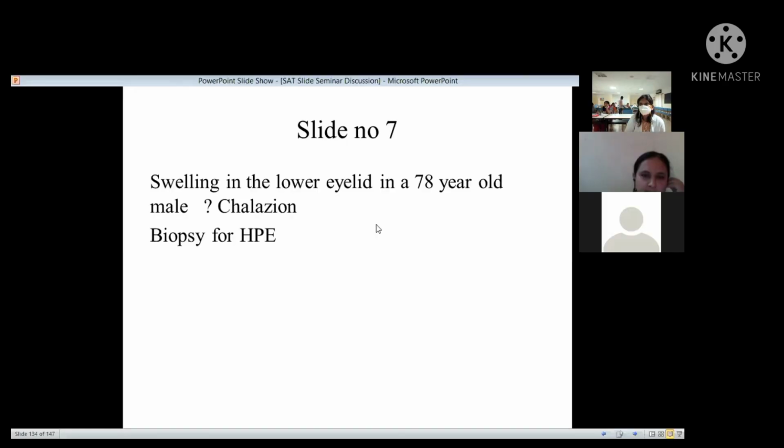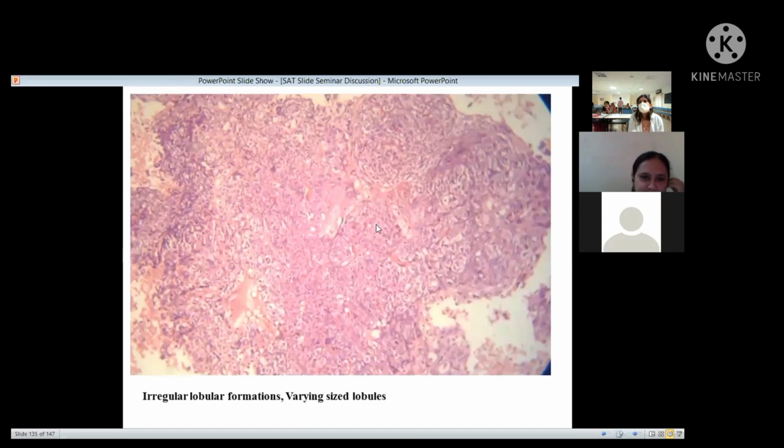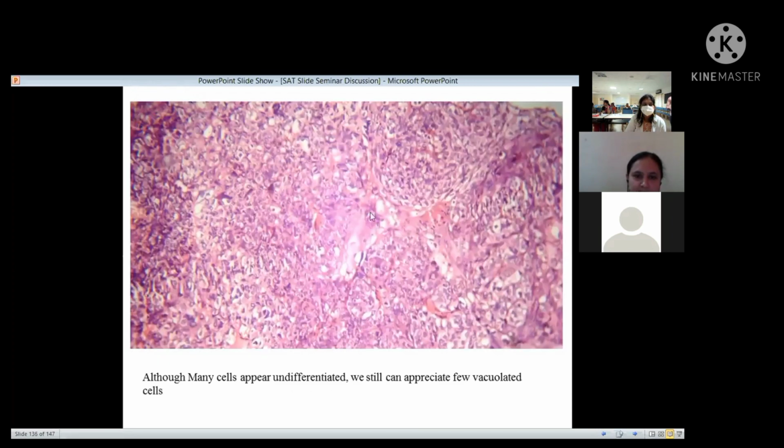Thank you, and you made my job very easy. So yes, this was a small biopsy from the eyelid, and we do see some squamoid looking cells and some clear looking cells, which are arranged in irregular lobules of varying sizes, and many cells are appearing undifferentiated, but in between them we do see some clear cells or vacuolated cells within the tumor.